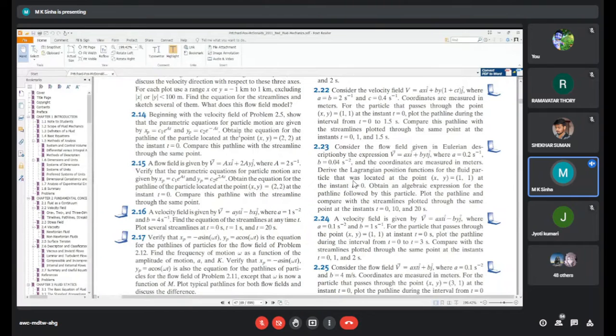Compare this path line with the streamline through the same point.